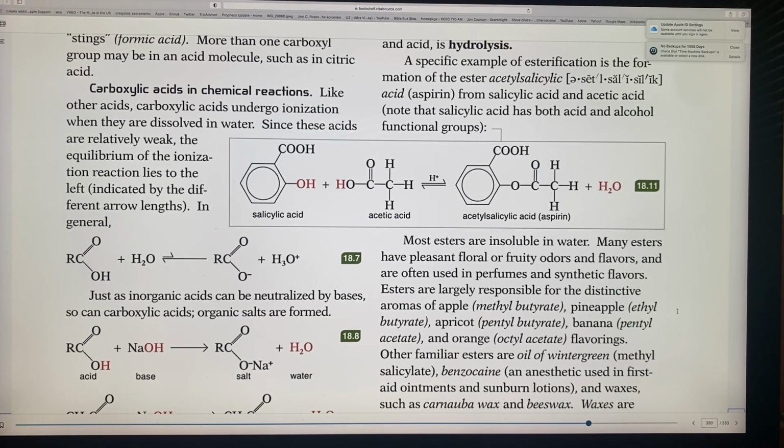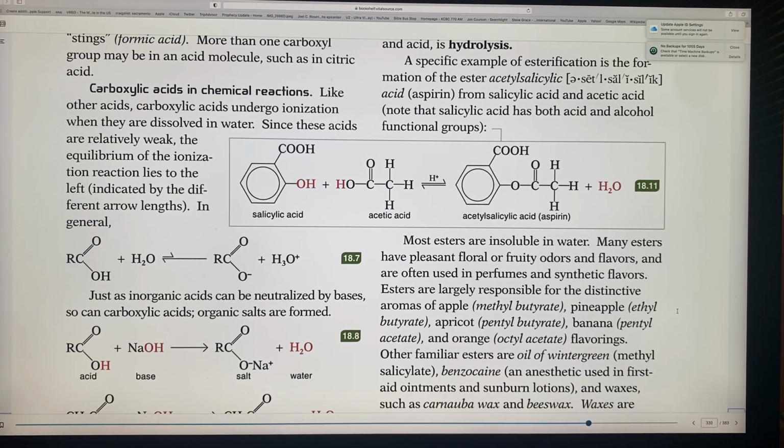Carboxylic acids and chemical reactions. Because they're acids, they can undergo ionization when dissolved in water and become ions, right? We saw that when we were studying acids and bases. Since these acids are relatively weak, the equilibrium of the ionization lies to the left.